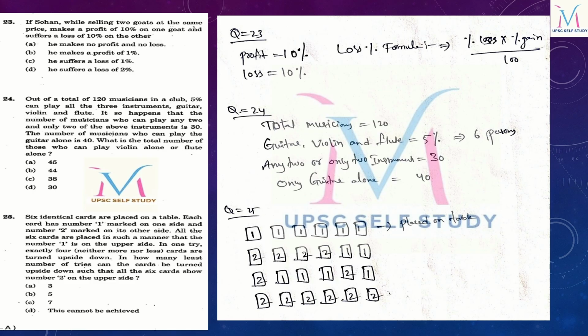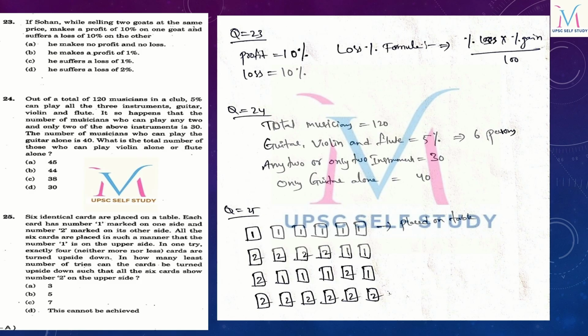if Sohan, while selling 2 goods at the same price, makes a profit of 10% on one good and suffers a loss of 10% on the other good. So the options: he makes no profit and no loss, he makes a profit of 1%, he suffers a loss of 1%, he suffers a loss of 2%.